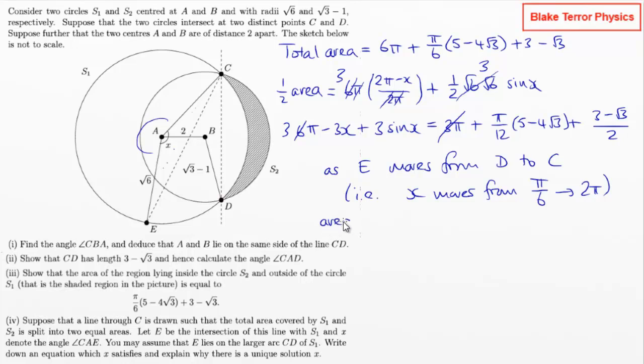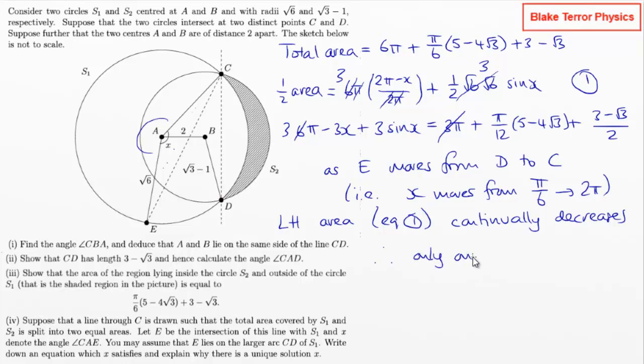The area, well, it's the left-hand area, decreases. So let's say the left-hand area, in equation 1, continually decreases. Therefore, there's only one position, one x value for each area.